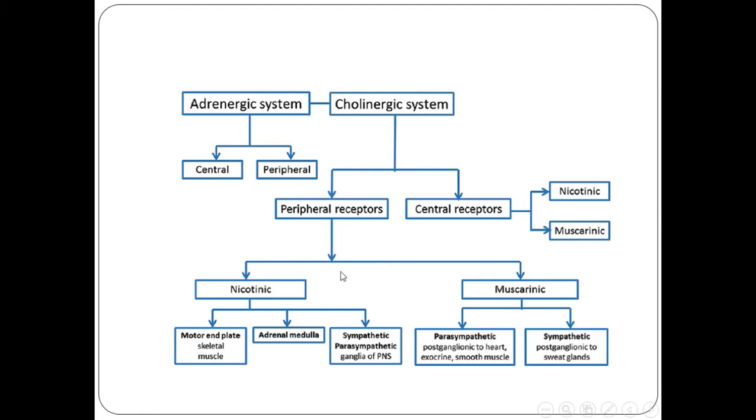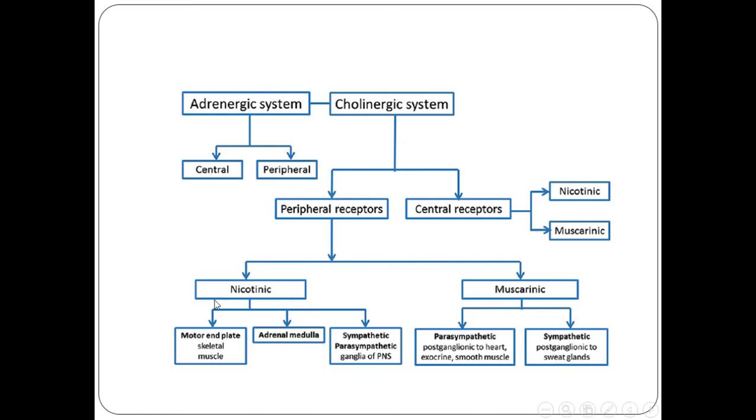In the peripheral receptors, there are nicotinic receptors and muscarinic receptors. Muscarinic receptors are present in the postganglionic parasympathetic to heart, exocrine or smooth muscle, and to sympathetic postganglionic to sweat gland.